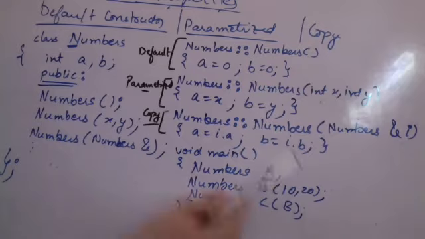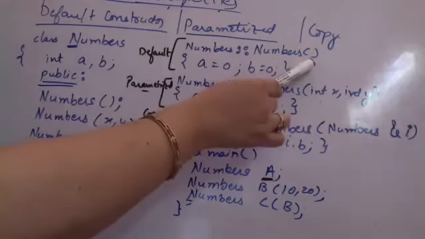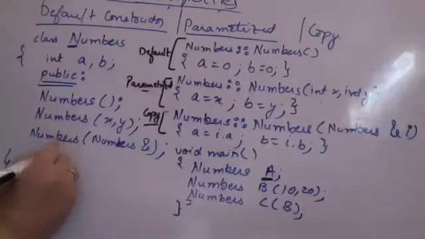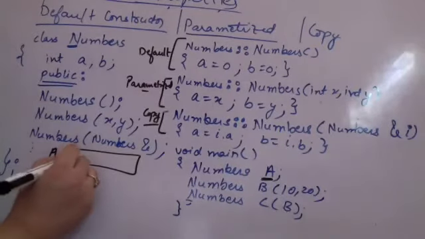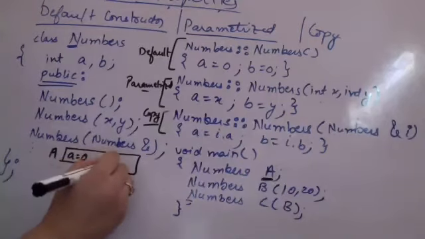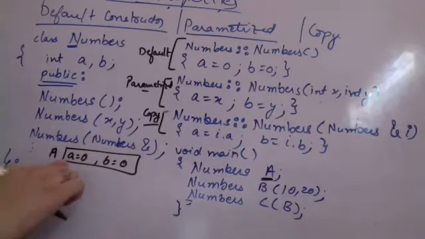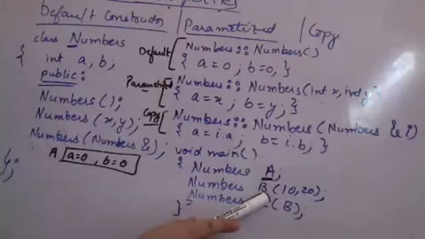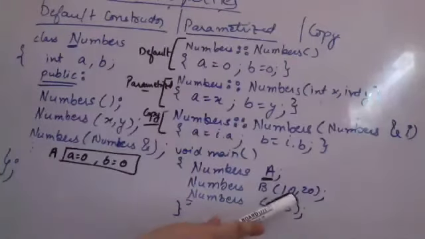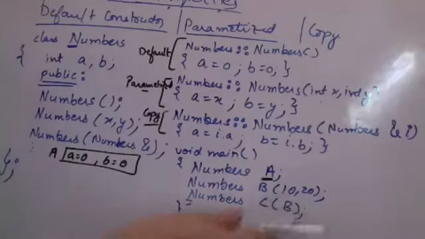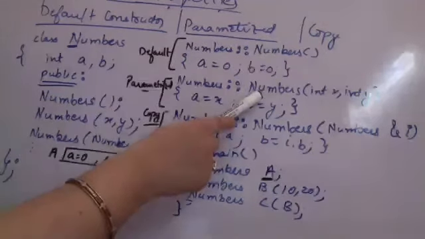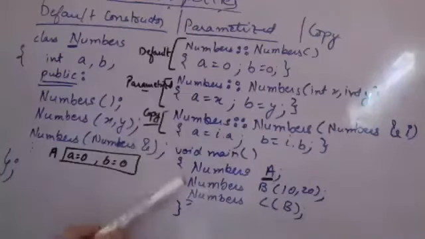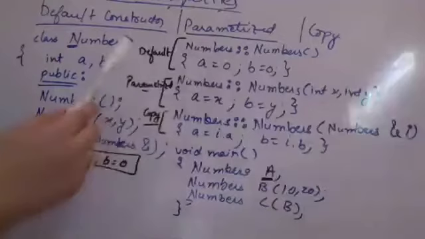So automatically the function which is not having any parameters is called, and in memory, A and B for the object A are getting 0 values as per the default constructor. When I'm creating the object B and I'm passing the parameters, then I am automatically calling the parameterized constructor. So at the runtime, it is being decided which constructor is being called.